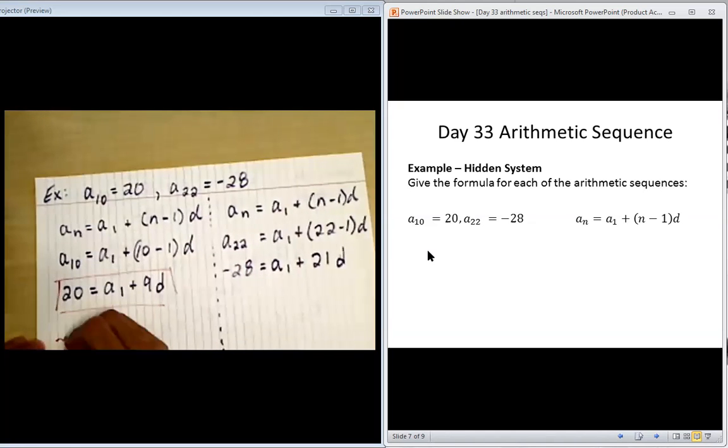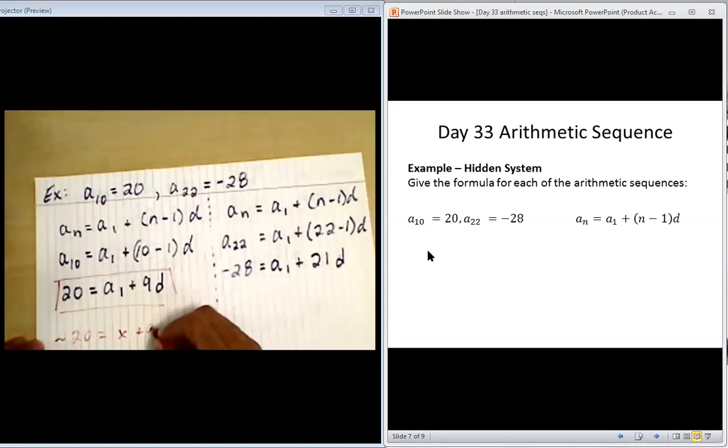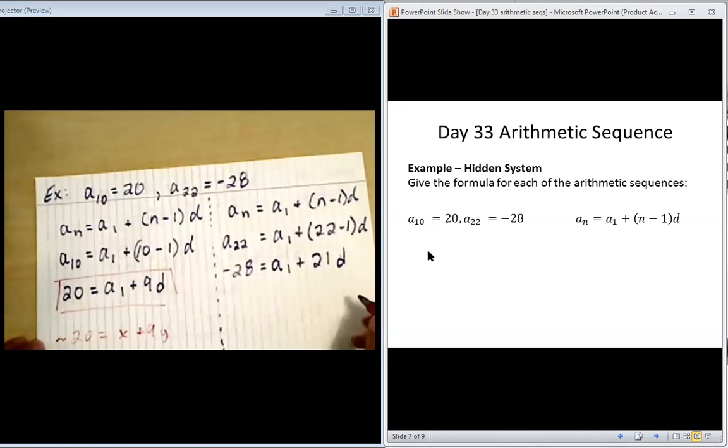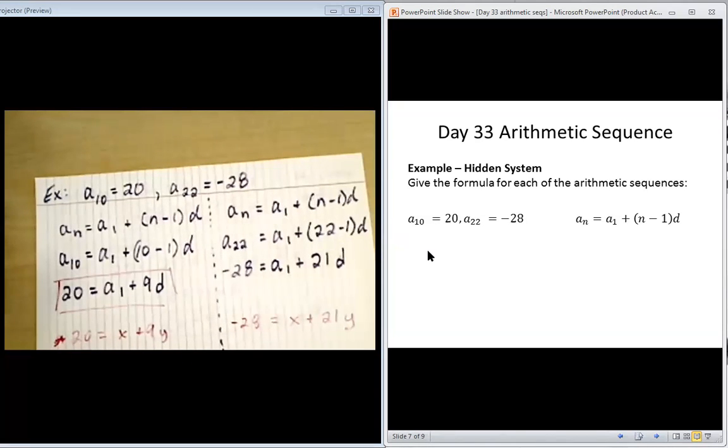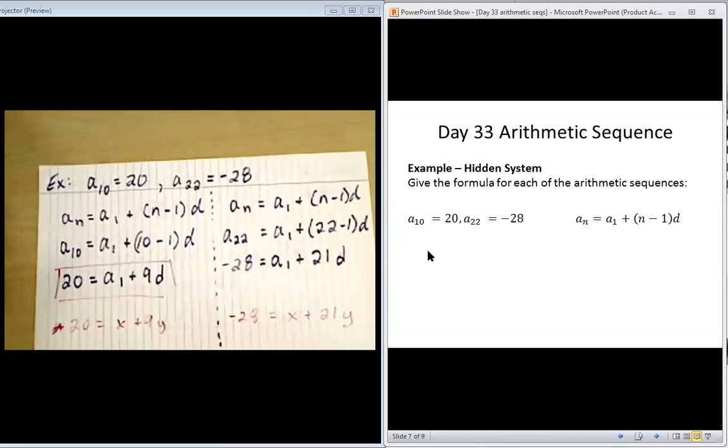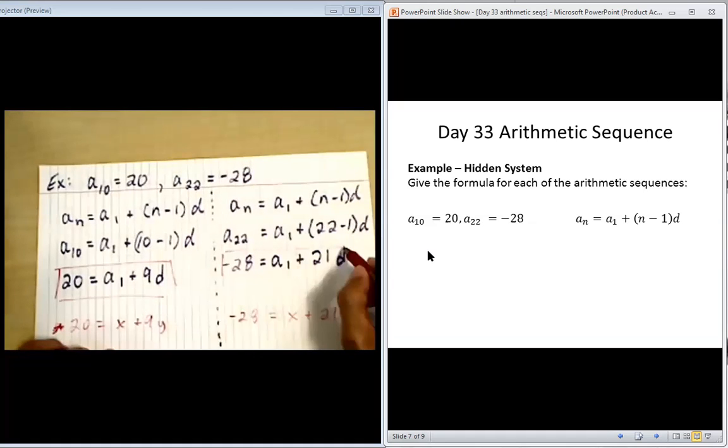See how this is kind of like, I didn't write it at the time, x plus 9y. And then this is kind of like minus 28 is equal to x plus 21y. See, just different letters. Okay, so we have this equation in red, that one there.